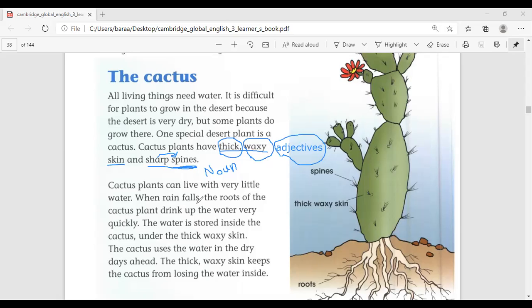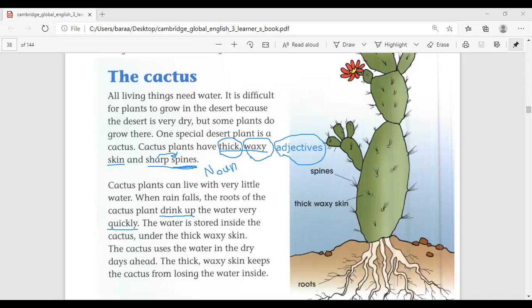When rain falls, the roots of the cactus plant drink up the water very quickly. So what is the function of the roots? The roots drink up the water very quickly once it rains.